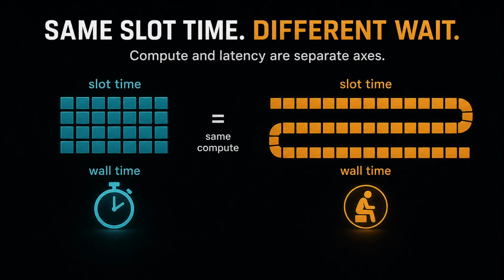The slot time comes out roughly the same, but the person staring at the screen waits minutes instead of seconds in the second one. Whoa. So slot time tells you how much compute happened, and wall time tells you how long the human actually waited. Honestly, it took me years to really feel how separate those two axes are. I always thought tuning one would move the other, and it just does not.